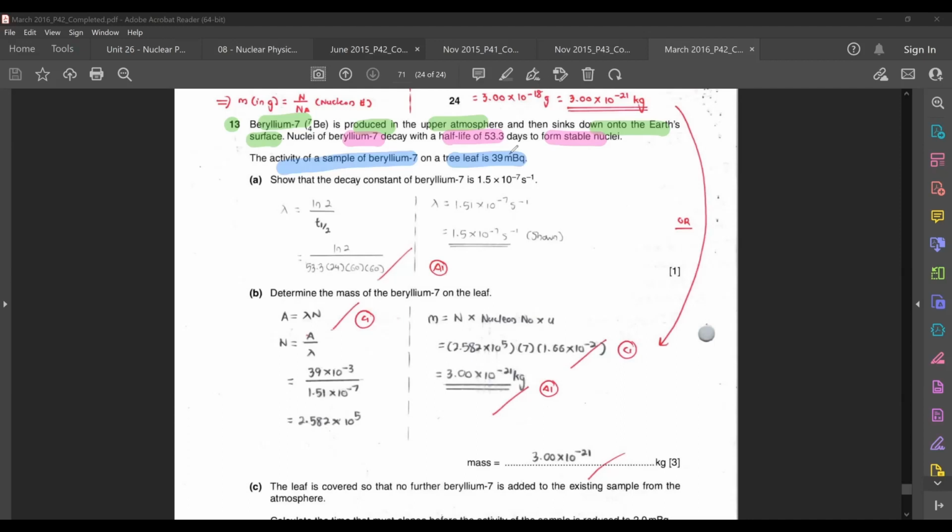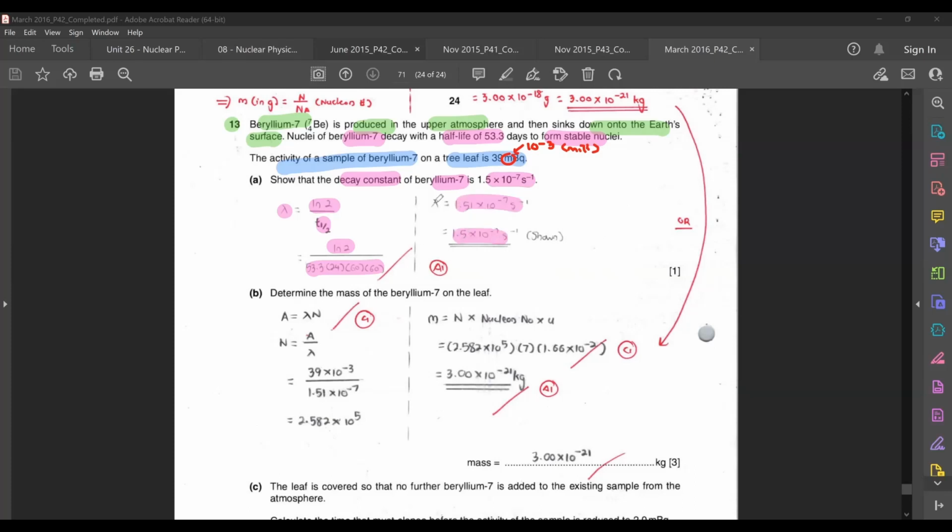Okay, this one is your prefix milli, it's 10 power minus 3, so it's milli per second. Then show that the decay constant of beryllium-7 is 1.5 times 10 power minus 7 per second. Same thing: half-life given, lambda is ln2 over half-life. Just do your relevant conversion from days to seconds, and you will eventually get this answer.